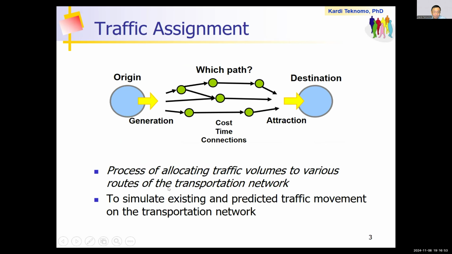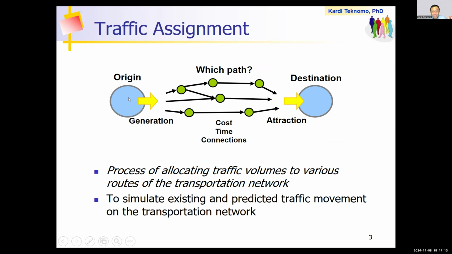Okay. So what is traffic assignment? From the origin and destination, you know the number of trips. In terms of mode, that means already in the bus or in the car, and then you convert everything into PCU.